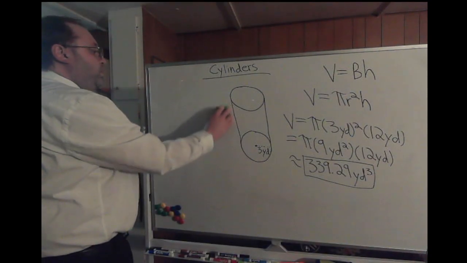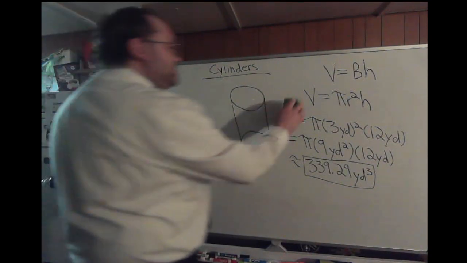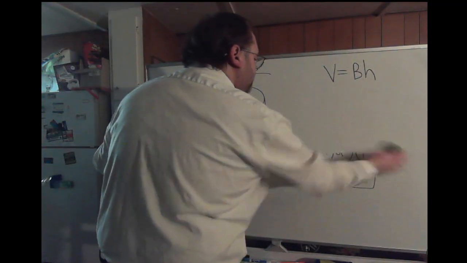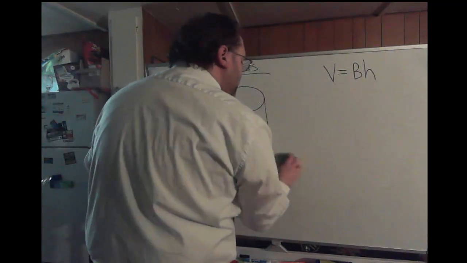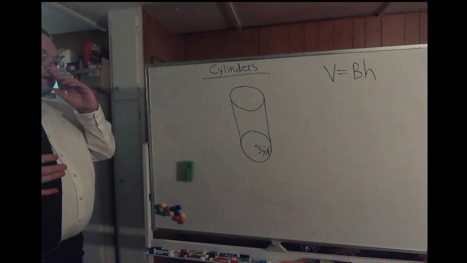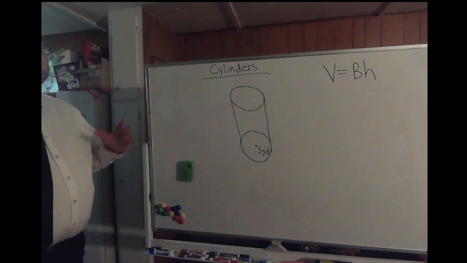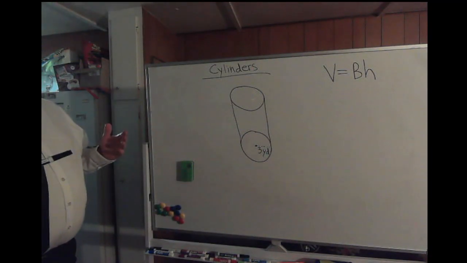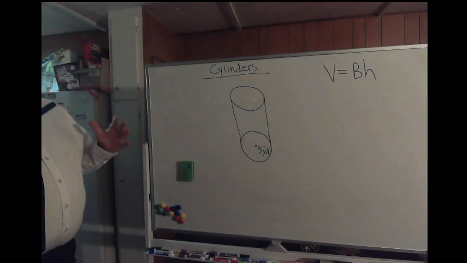So really, whether you have a prism or a cylinder, they are similar in the fact that they both have two faces that are the same bases. Hey, I just rhymed. A prism or a cylinder has two faces that are both the same bases.